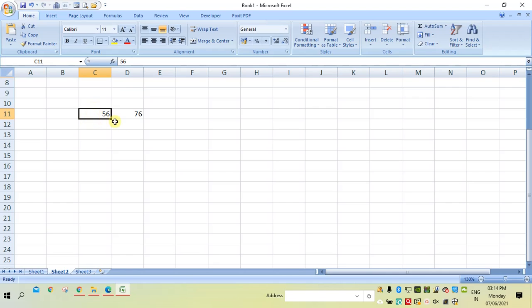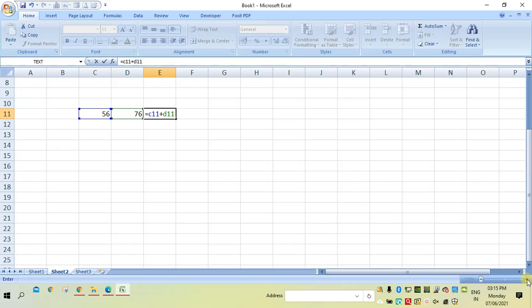To add these two numbers and get the result in E11, we can write the formula: equal to C11 plus D11. The symbol we are using here is the addition symbol.